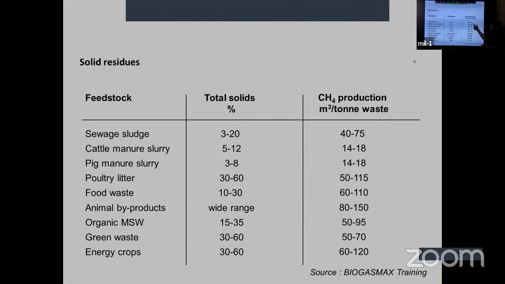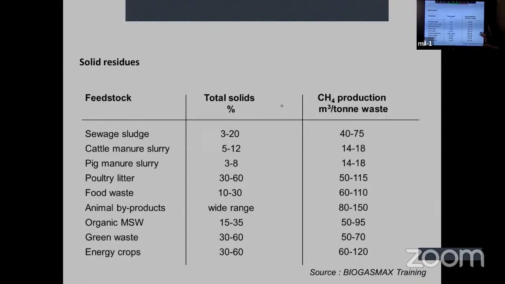From the manure, from 14 to 18, with higher biogas recovery from the poultry litter. Food waste is energetic, and the fat is very calorific, so it gives high energy production. So from food waste, you can recover from 60 to 110 cubic meters per ton of waste.